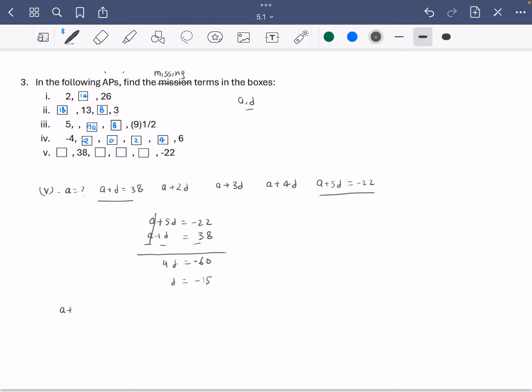So a plus d, oh I'm sorry, I should calculate a first. So a plus d is 38. That means a plus negative 15 is going to be 38. Seems wrong here, something wrong here.